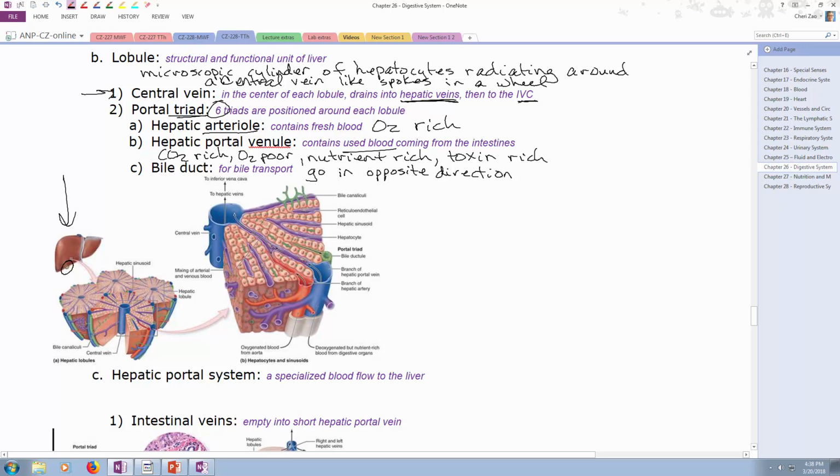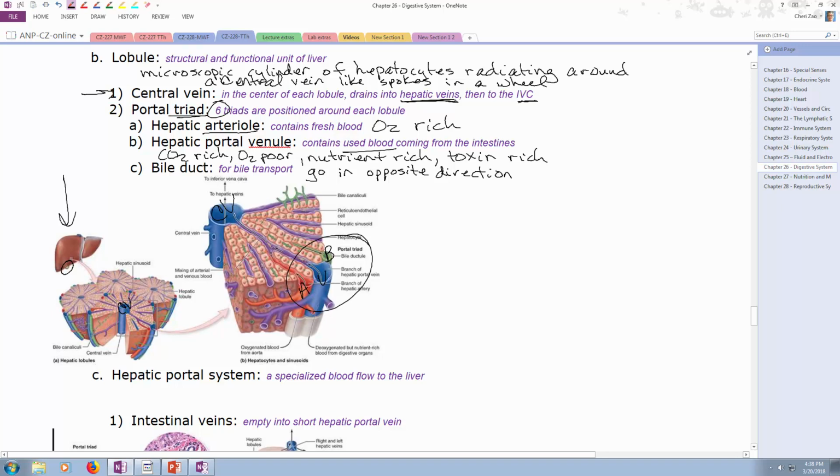And let's take a look at the cartoon right down below it. So this is a CV, central vein, CV, central vein. And here is our venule over here. Here is our arteriole next to it. And here is our bile duct. And so that's all part of our triad right there.